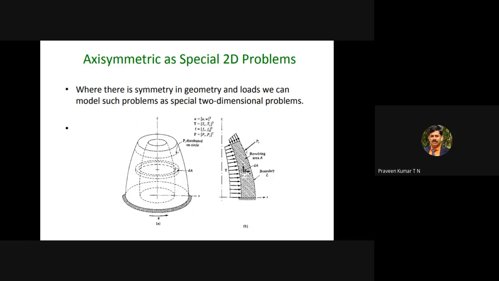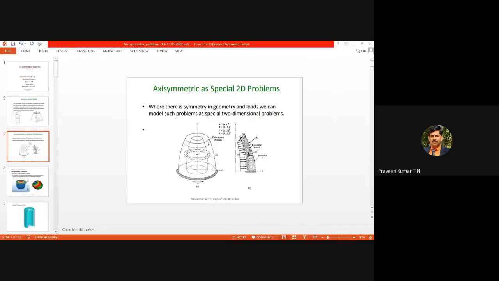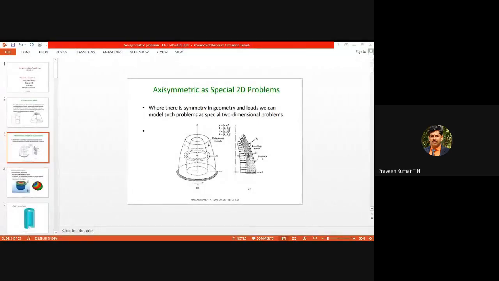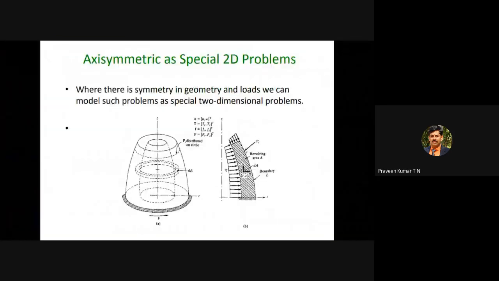Suppose you have a tall chimney or cooling tower in a thermal power plant, because of the self weight, the whole structure is subject to loading. That is nothing but Fz. Fz is mainly because of the gravitational force, where Fz refers to the body force because of gravity or self weight.